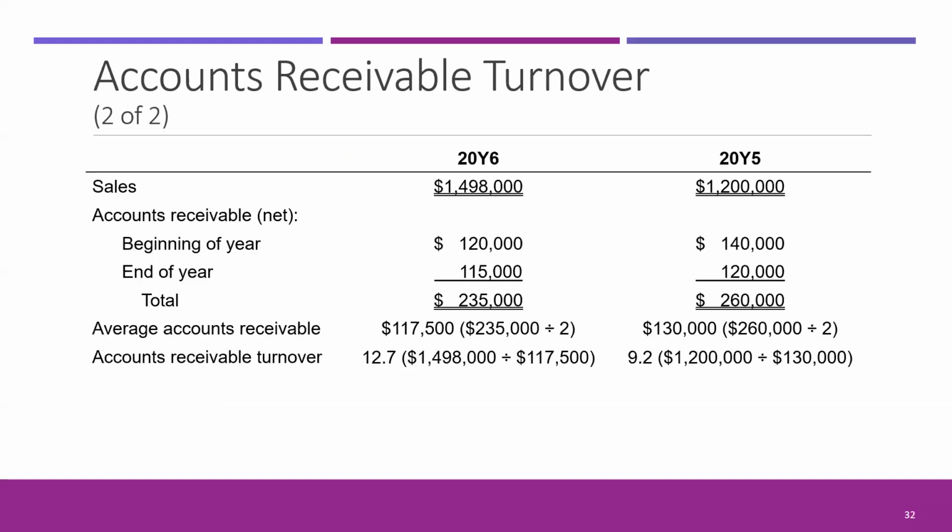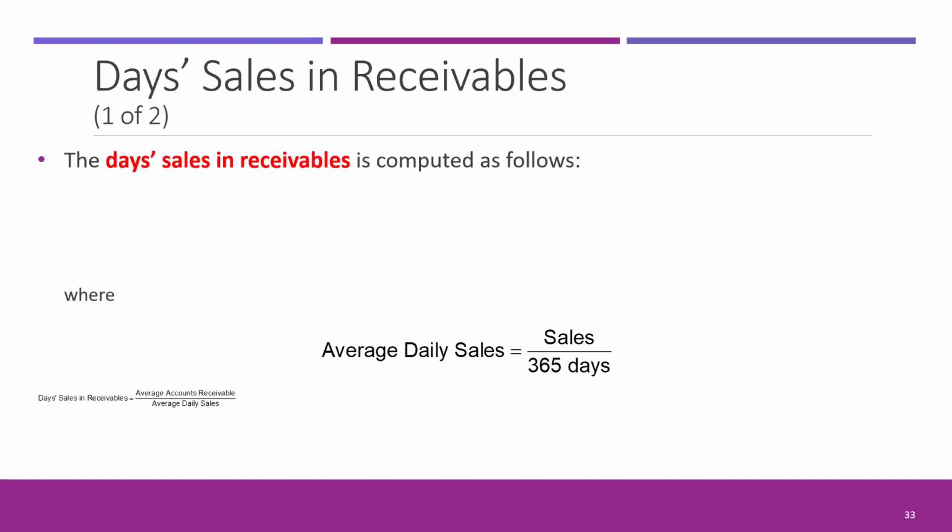Because if a company's accounts receivable turnover is 12, it's turning over 12 times a year. That's about every 30 days. So 365 divided by 12 is about once a month. This is also the average collection time of receivables.